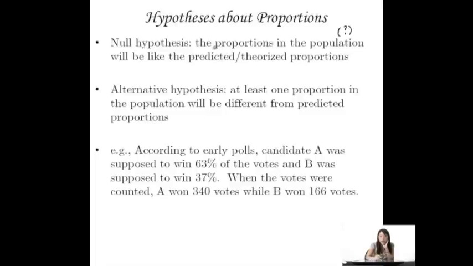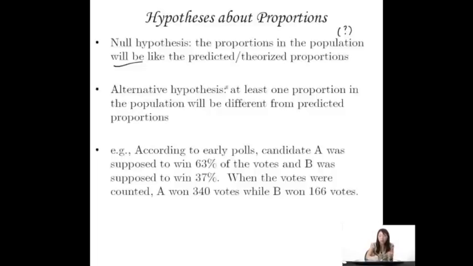And so here we're asking, is this unknown population like our known population, right? And that should sound familiar because that's the fundamental basis of inferential statistics. So that's our new null hypothesis, that the proportions in the population will be like the predicted population proportions. They'll be the same, right? Remember, sameness is always the hallmark of the null hypothesis.